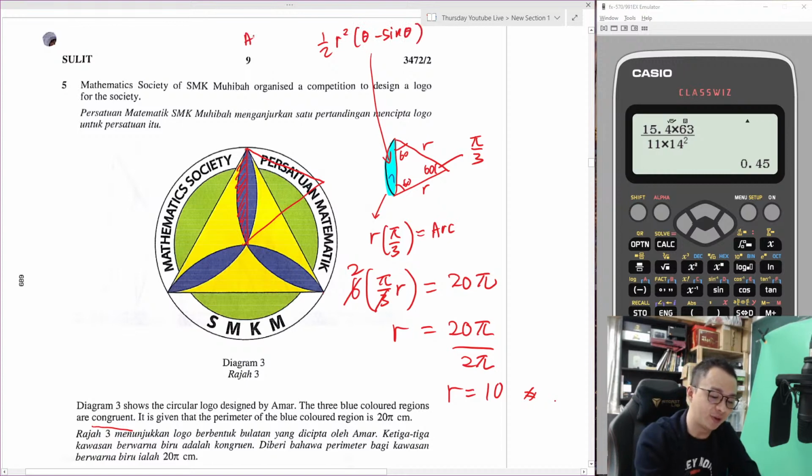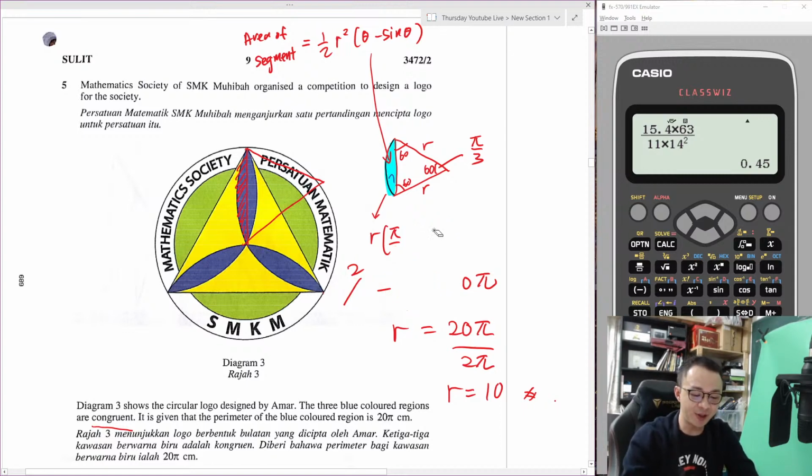This is the formula to find the area of a segment. I will use this to find one of them, and then the whole thing is just multiply by 6. I should have 6 segments here.